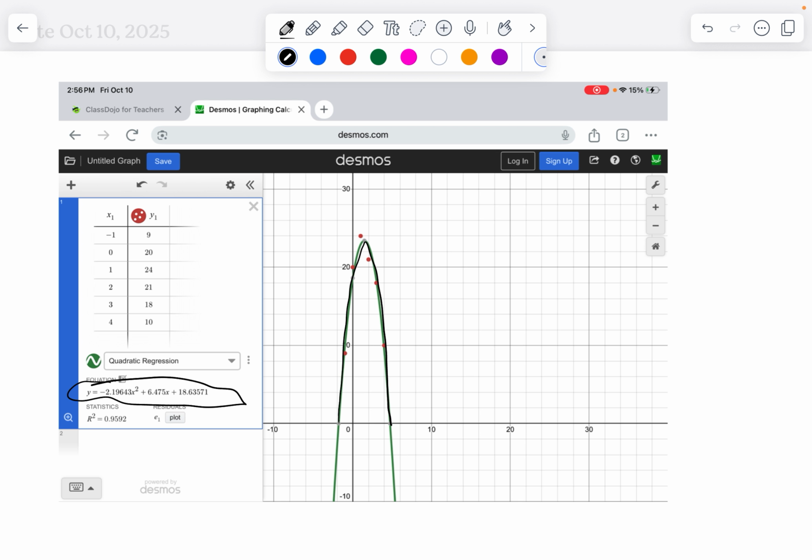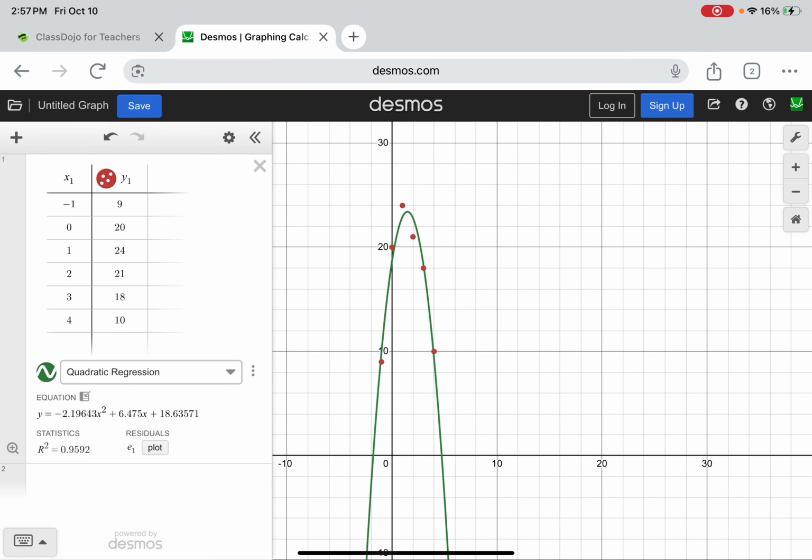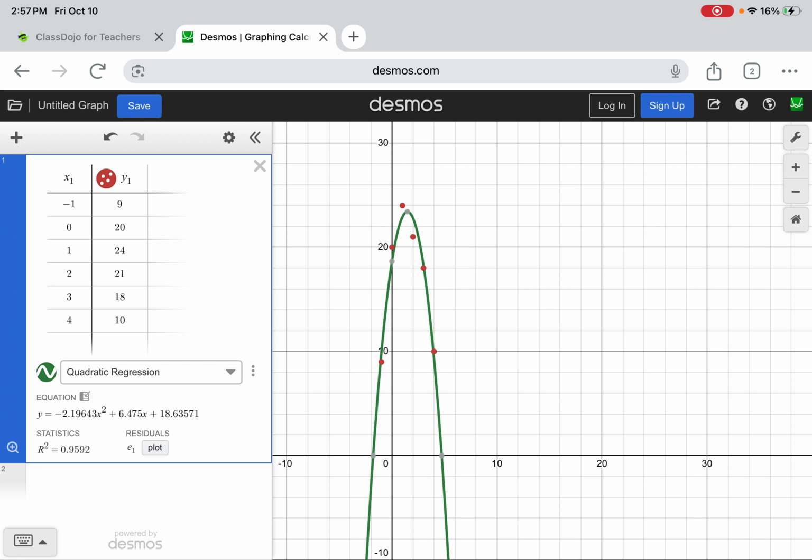Okay, so what we can do is, first of all, back on the actual graph itself, you can click on the parabola and click on some key points. So here it gives you the x-intercepts, it gives you the vertex, it gives you the y-intercept, some very important information, right?